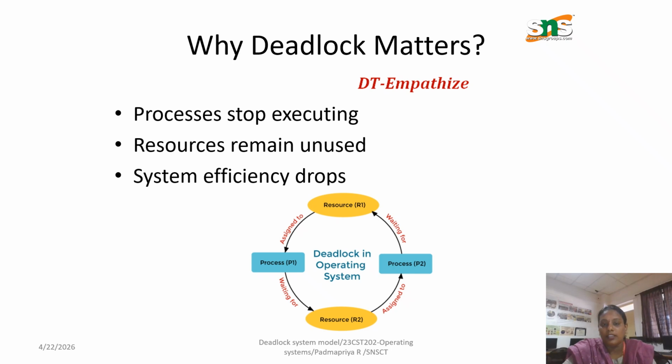This is what happens when a single resource is requested by other processes at the same time. Due to this issue, the resources remain unused, and system efficiency also drops.